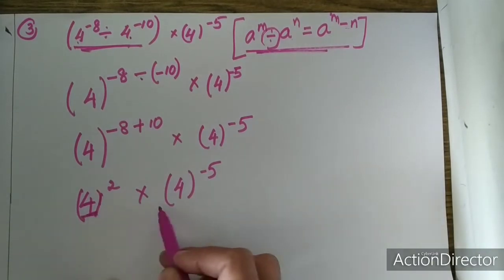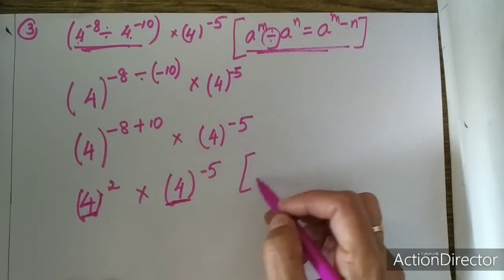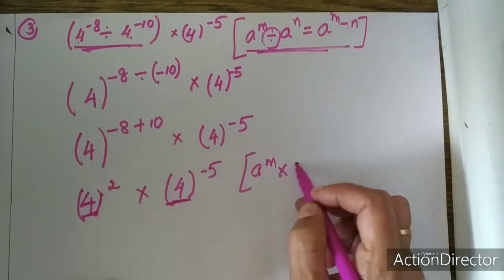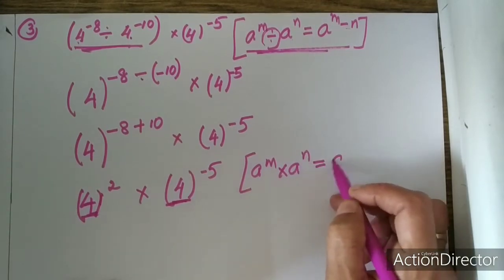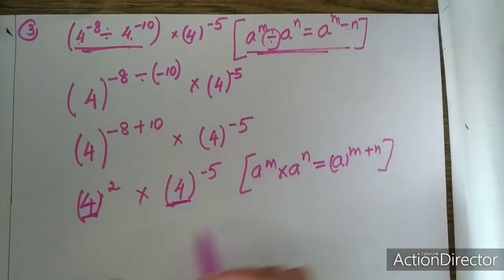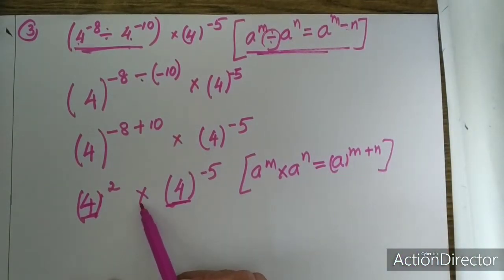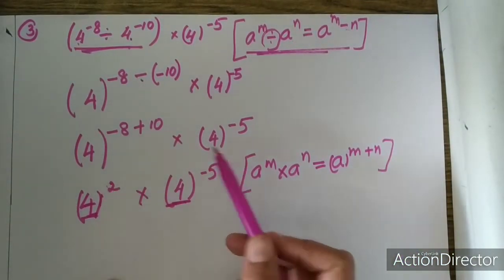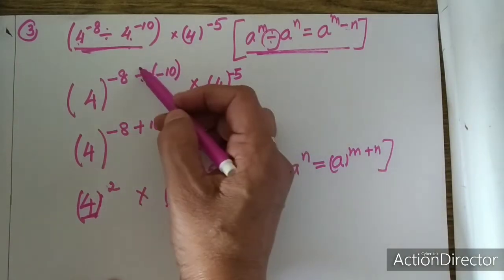Now you are having the multiplication law, which is a power m multiplied by a power n is equal to a raised to the power of m plus n. Please remember, when there is a multiplication sign, you have to add the powers.